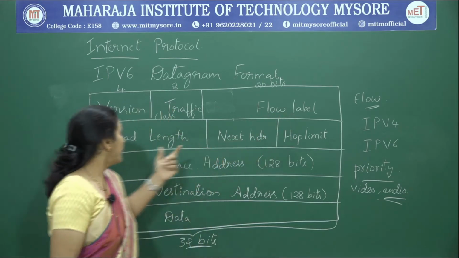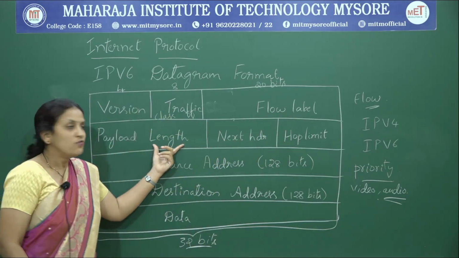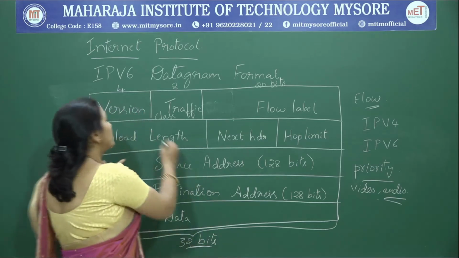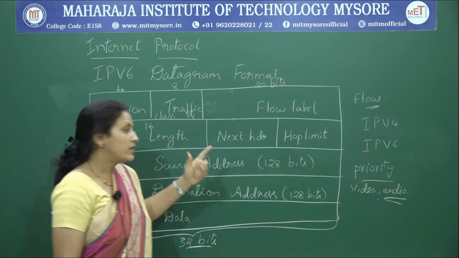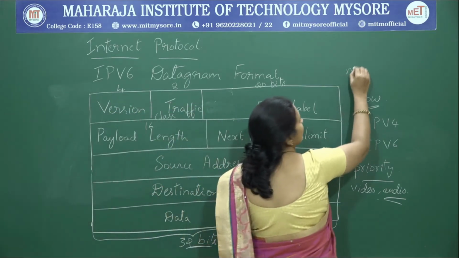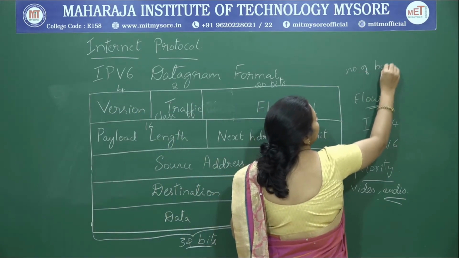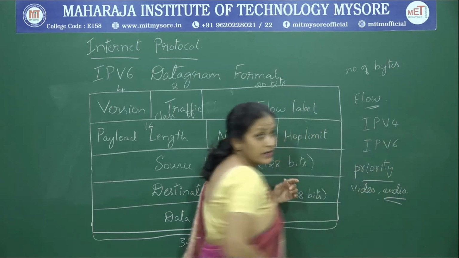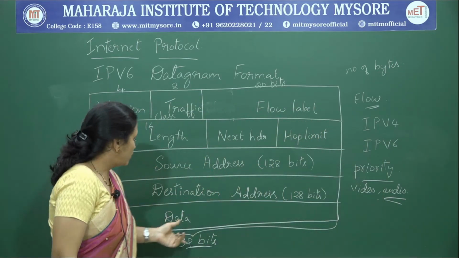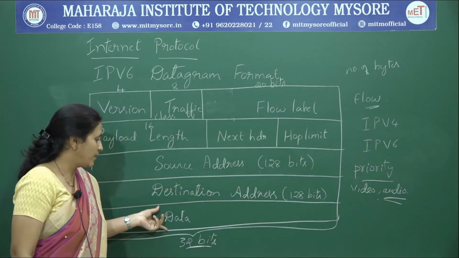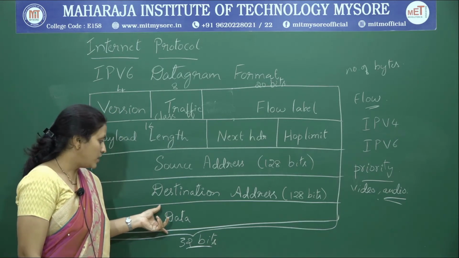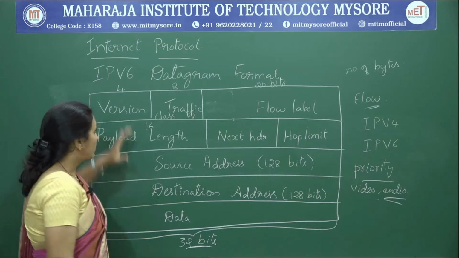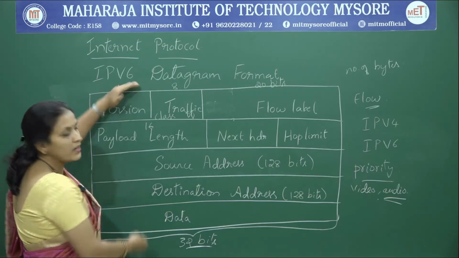The next field is payload length, which is a 16-bit field that specifies the number of bytes of data present after the fixed 40-byte header.